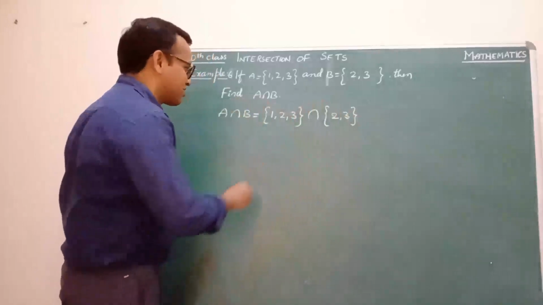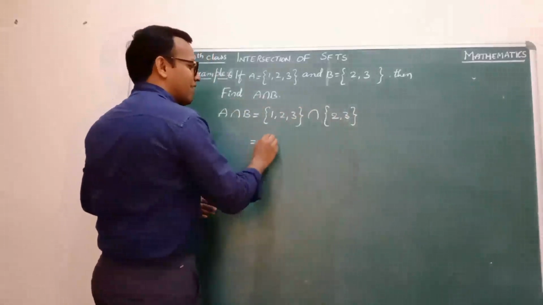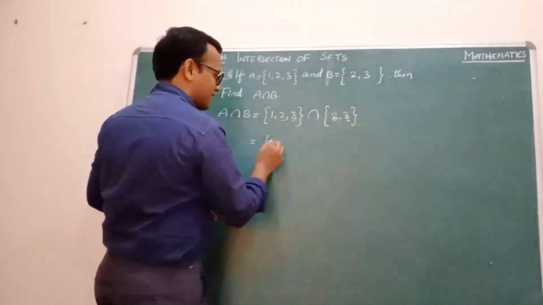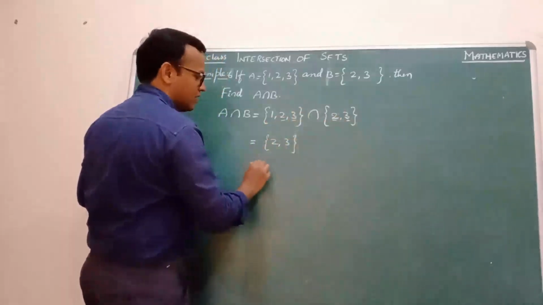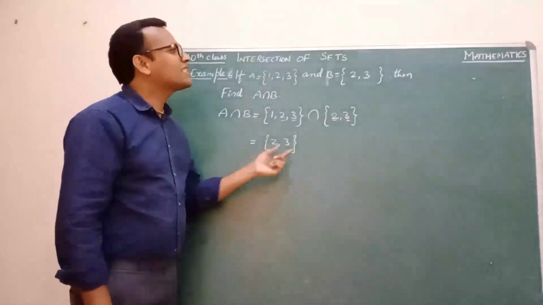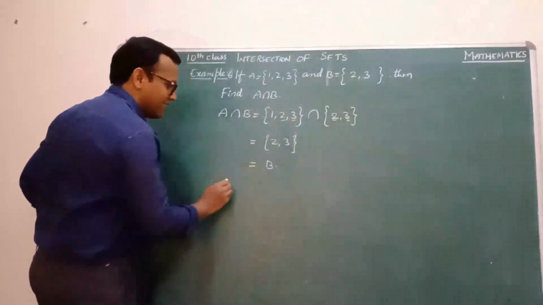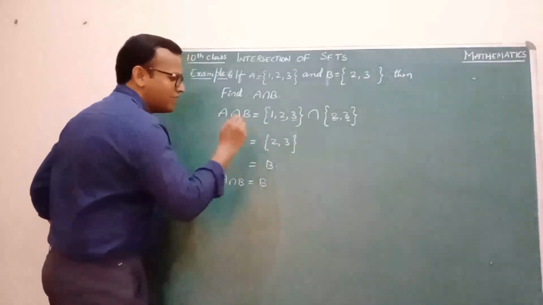Now how will the intersection be? Let's see here. Obviously the common elements are 2 and 3. Now the set of 2, 3 is A intersection B, which is actually set B. Means A intersection B is B only.